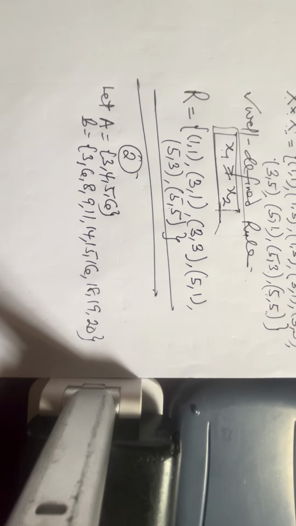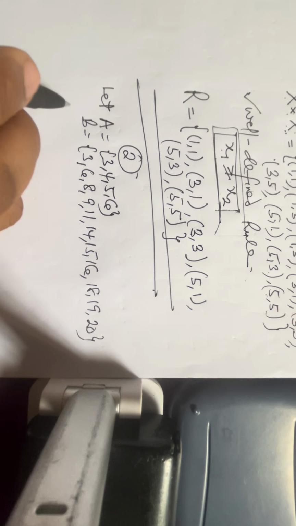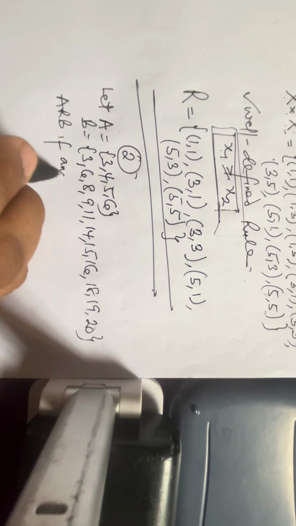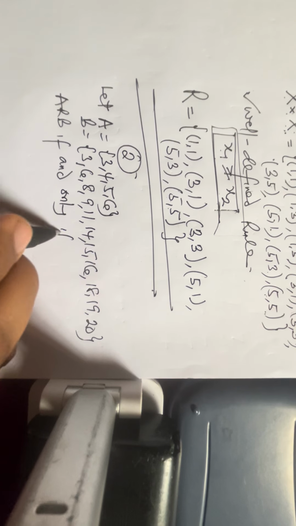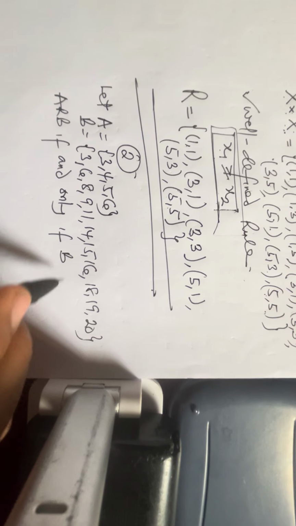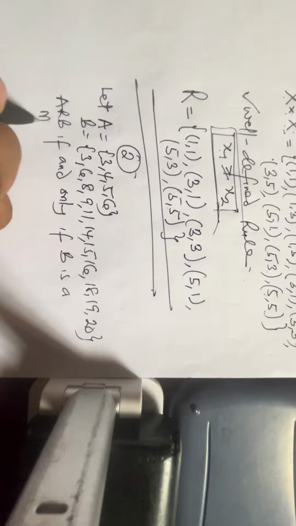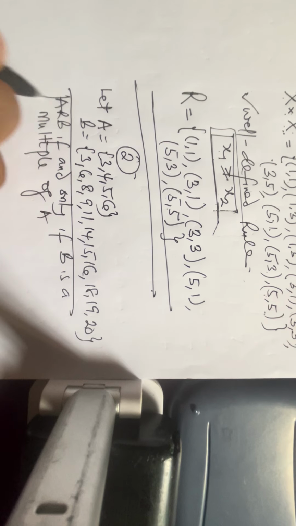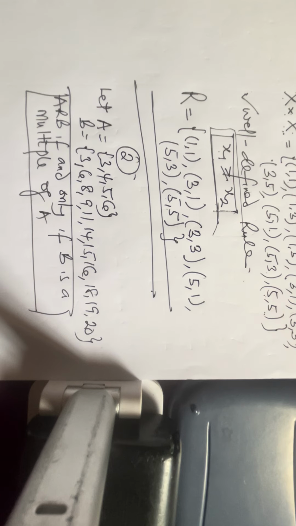Okay? All right. Then we have a rule. The rule is that A relation B if and only if B is a multiple of A. This is the well-defined rule that we should follow.